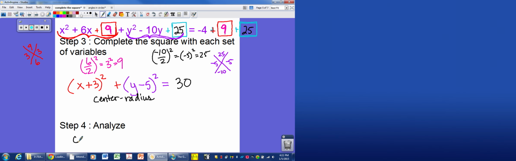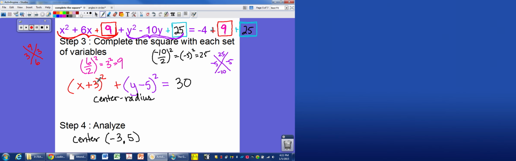So this equation, this circle, has a center at negative 3, 5. Because what number plus 3 equals 0? Well, negative 3, so the answer is negative 3. What number minus 5 equals 0? Positive 5.